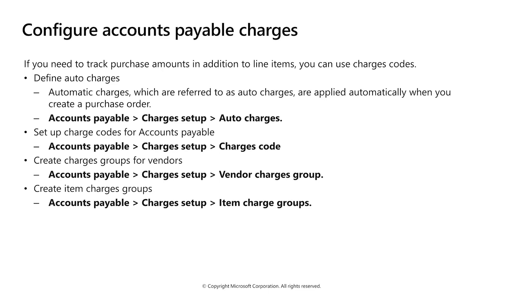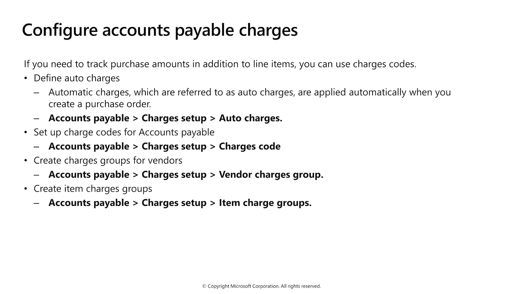Sometimes, if we need to track the purchase amount in addition to the line item amount, we can use a charge code. For example, we might pay freight and insurance on a purchase order, and this amount might be itemized separately on the purchase order. We can specify whether these amounts are posted to an expense account or whether they are added to the cost of items.